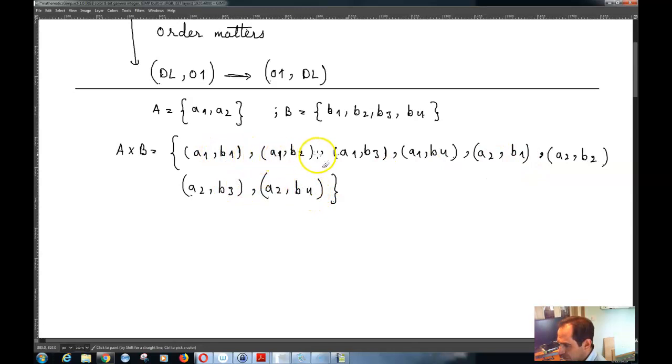A1B1, A1B2, A1B3, A1B4, A2B1, A2B2, A2B3, A2B4. 1, 2, 3, 4, 5, 6, 7, 8. 8 pairs, 2 times 4.